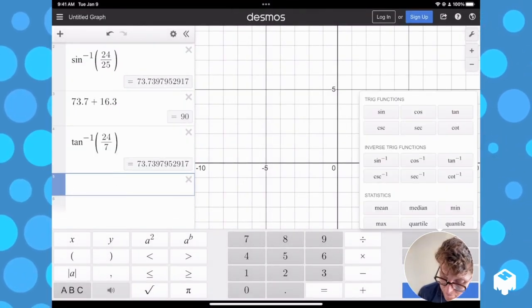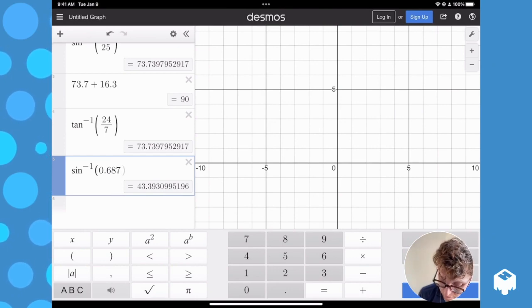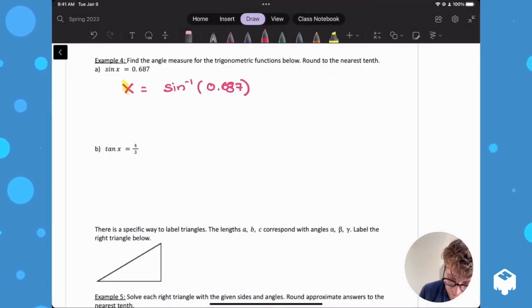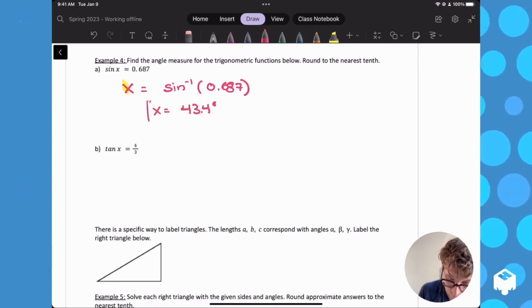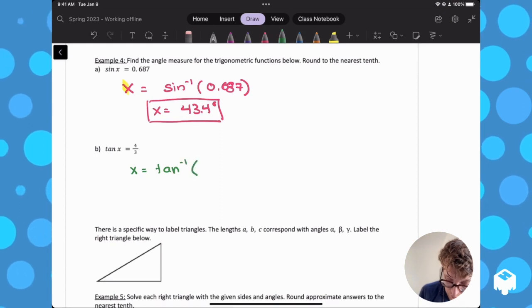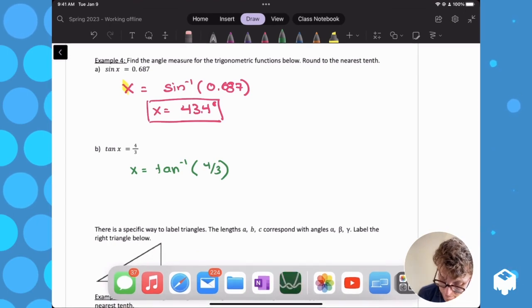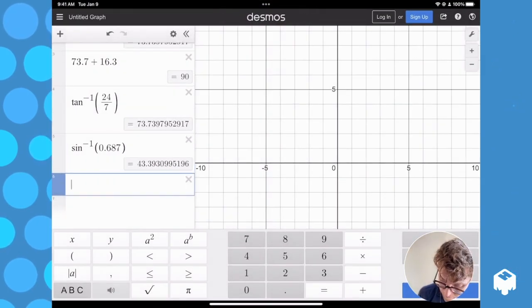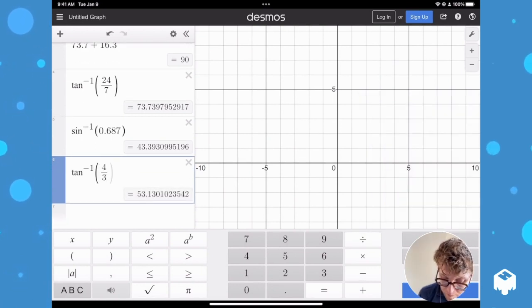Inverse sine of 0.687 equals 43.39, which is 43.4. Here, this is asking us to find the inverse tangent of 4/3. And if I do that, inverse tangent of 4/3, I get 53.1.